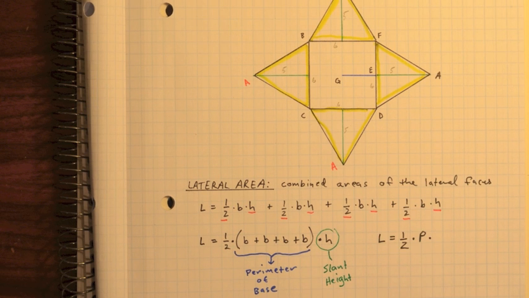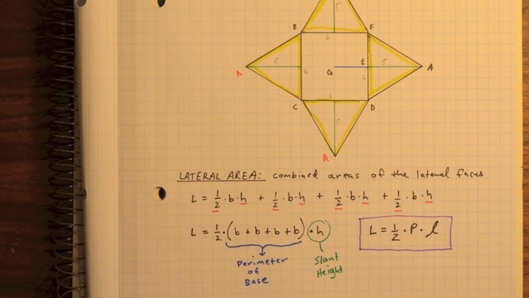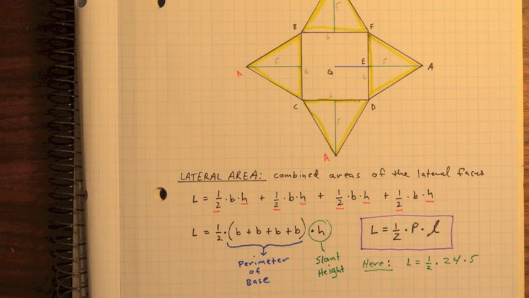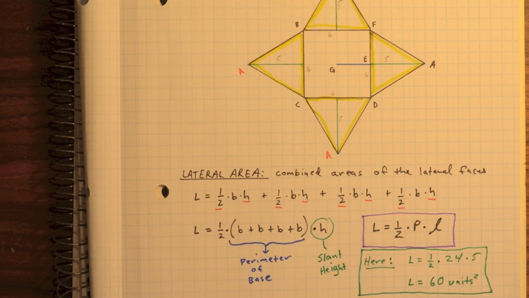And so our formula for lateral area of a pyramid is 1/2 times the perimeter of the base times the slant height of the pyramid. So that will give us the combined area of those 4 triangles that you see highlighted in yellow. So here, our lateral area is 60 square units.